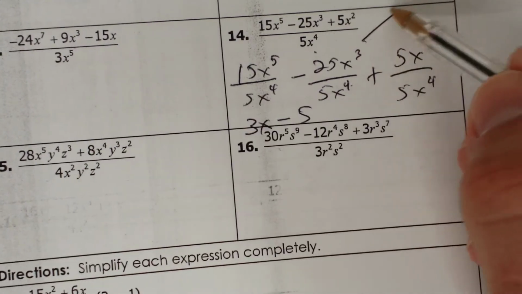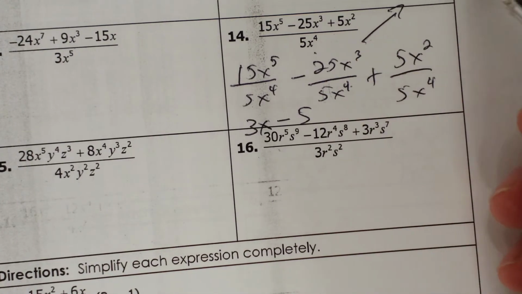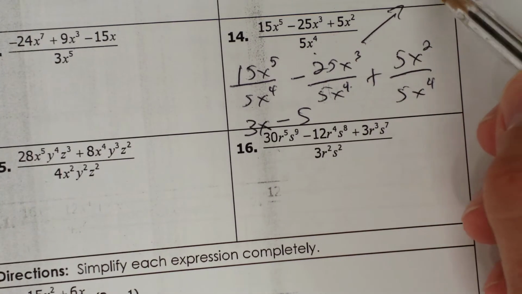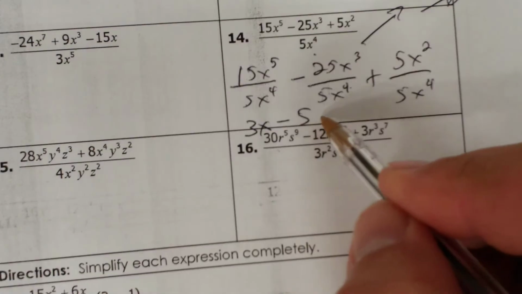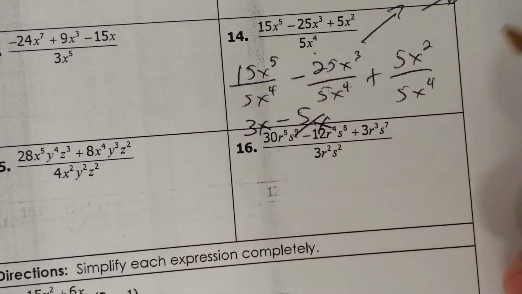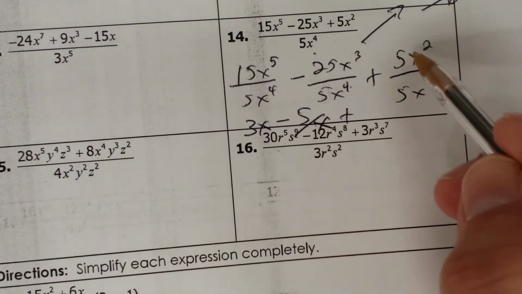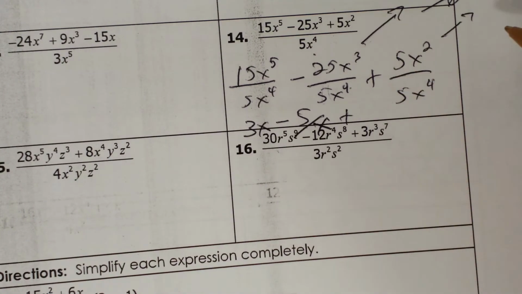Let's take this part up here. This is going to give me negative 5x to the negative 1. So remember what to do with a negative exponent? You take that part and you move it to the bottom. So this would be negative 5 over x to the first, plus 1. Okay, so if I'm going up here, this 5 divided by 5 is 1.